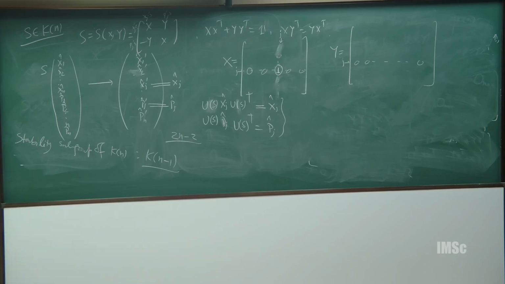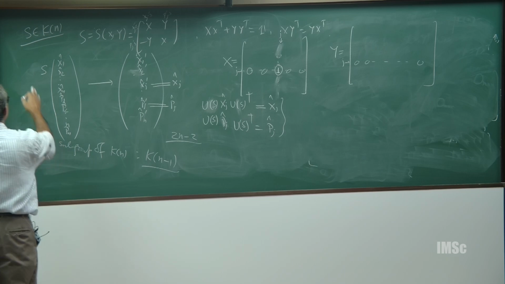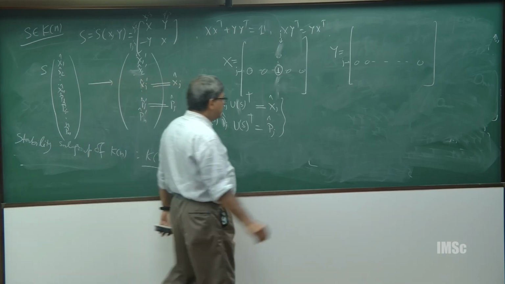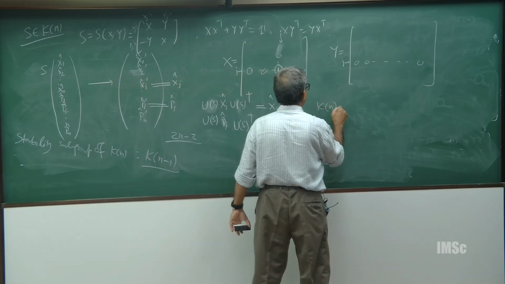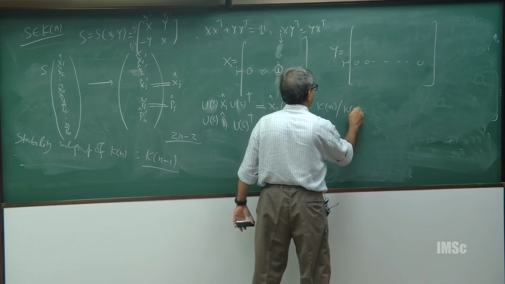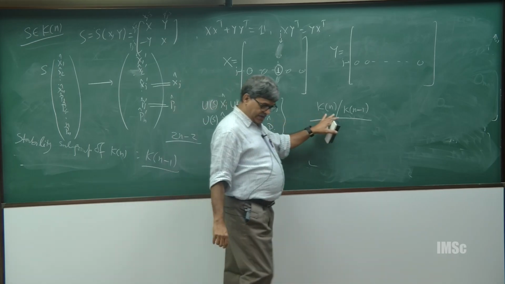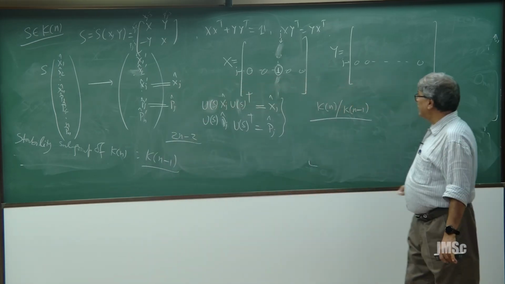Okay. So the point is that this is how you get rid of repetitions of action of elements of this. So basically, if I now look at the coset, K n divided by K n minus 1, okay, which is called the coset, coset in the sense that this can get rid of these fixed points.